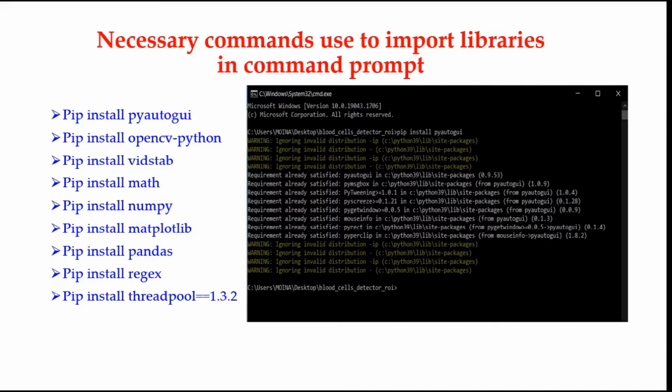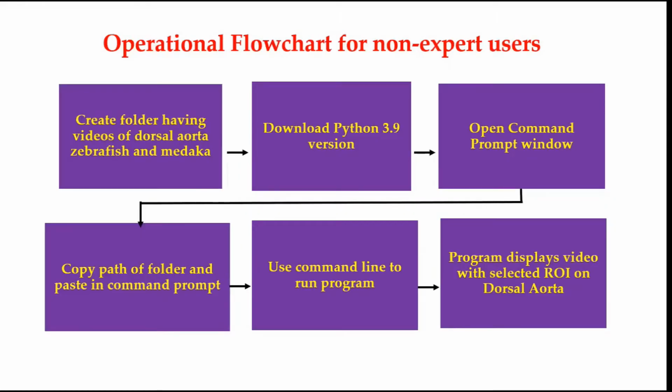So the thread pooling we used to speed up the processing. This is a concept that we use in some distinguishing environments, so we can say that it's our simple work.